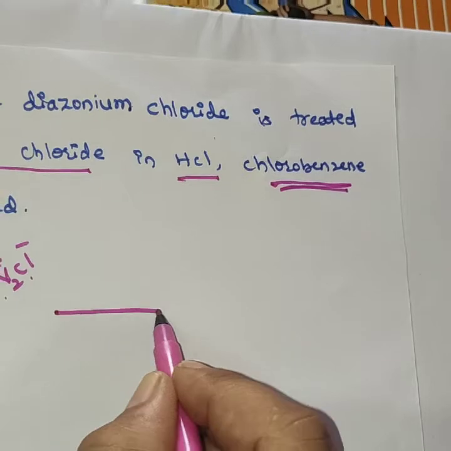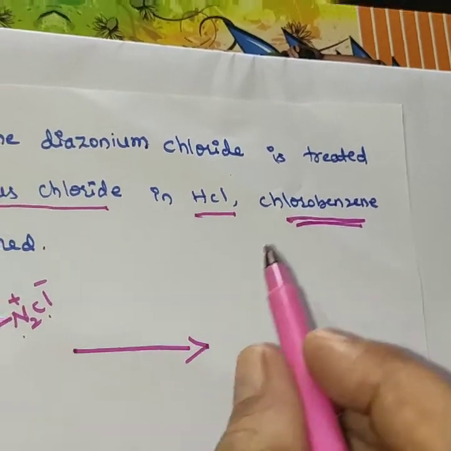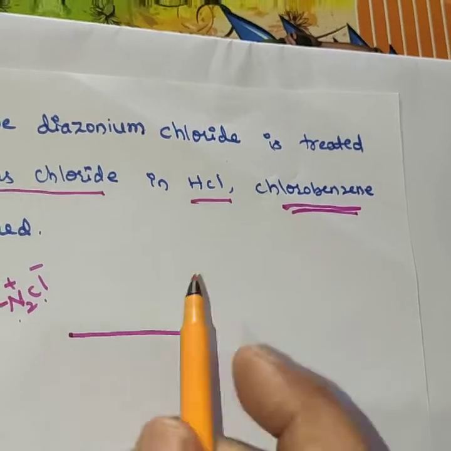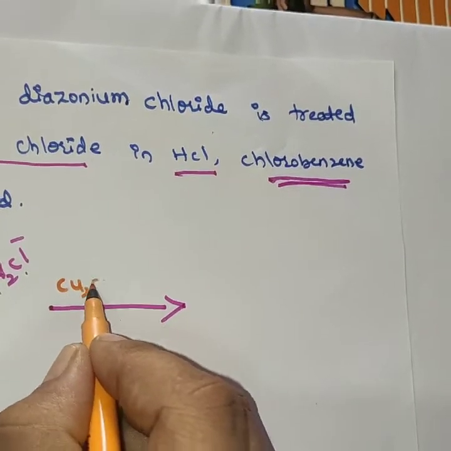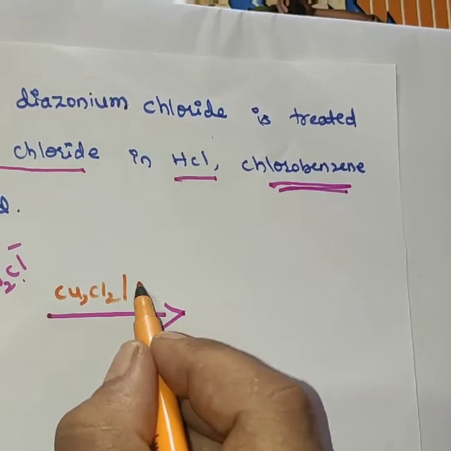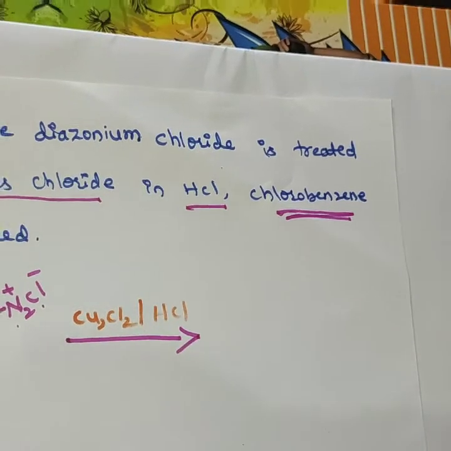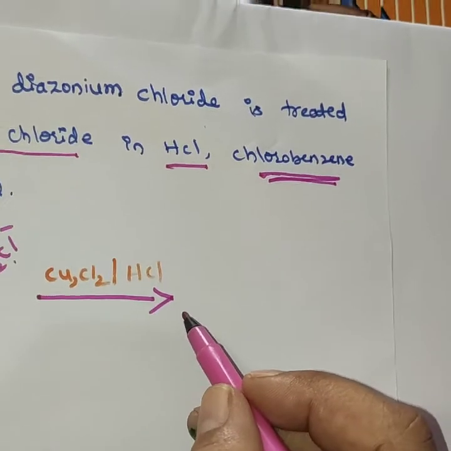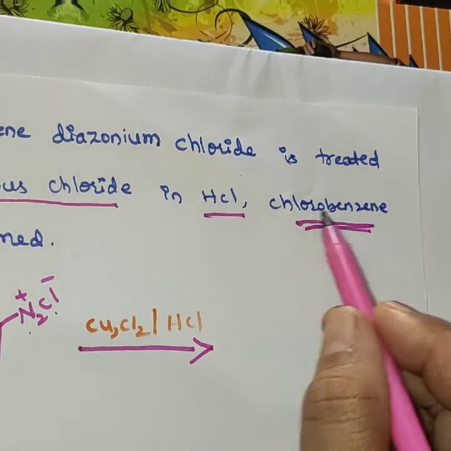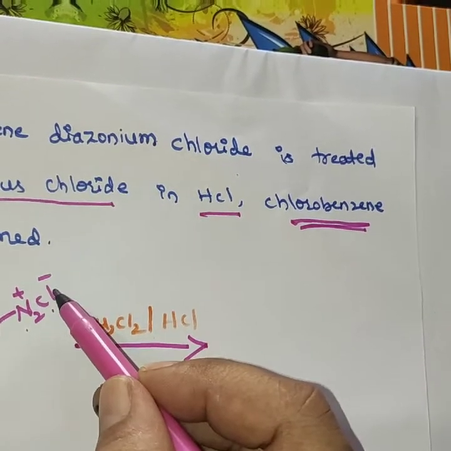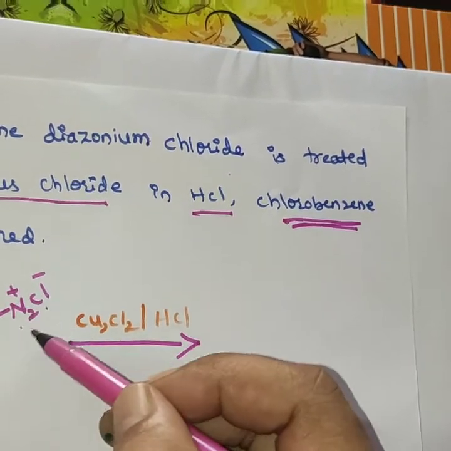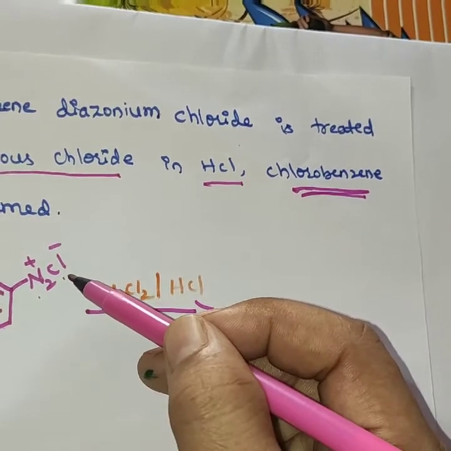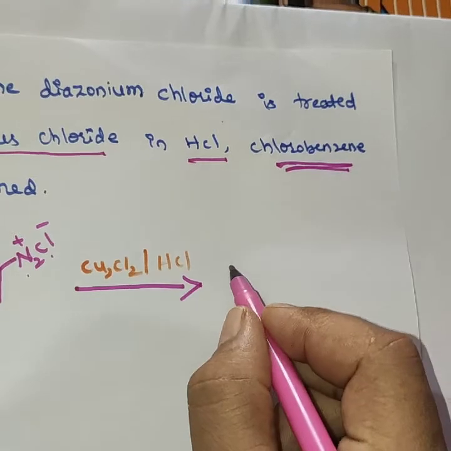It is treated with cuprous chloride in HCl, that is Cu2Cl2, in the presence of hydrochloric acid. What product is formed? There is an elimination or removal of the N2 group, and the final product formed is chlorobenzene.